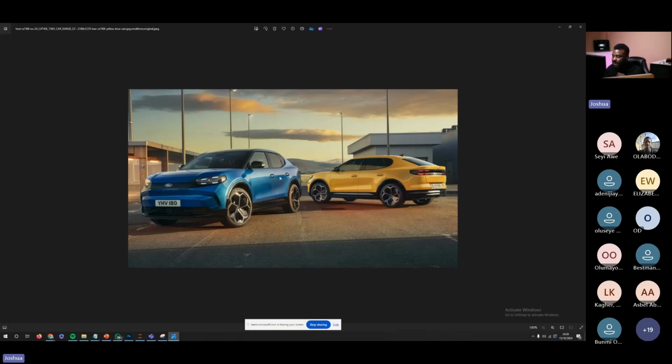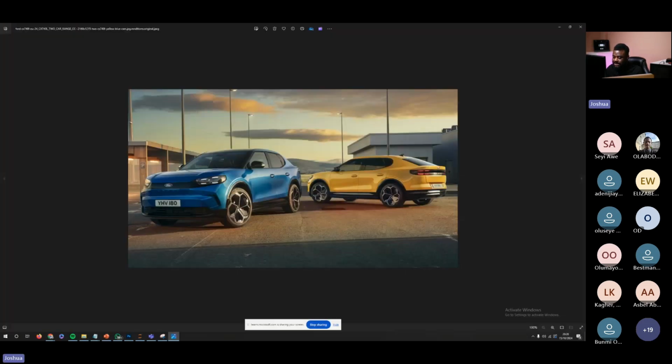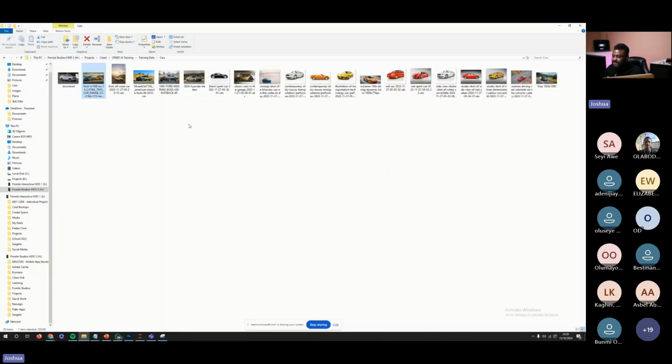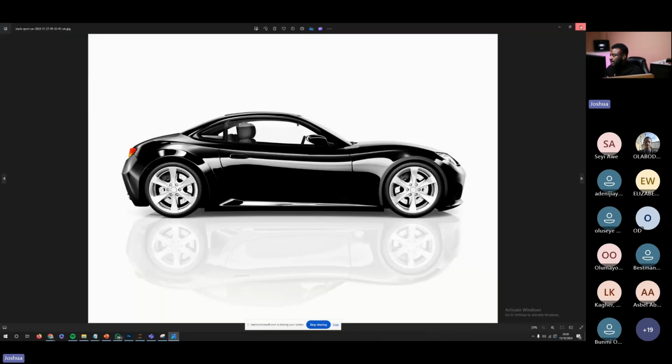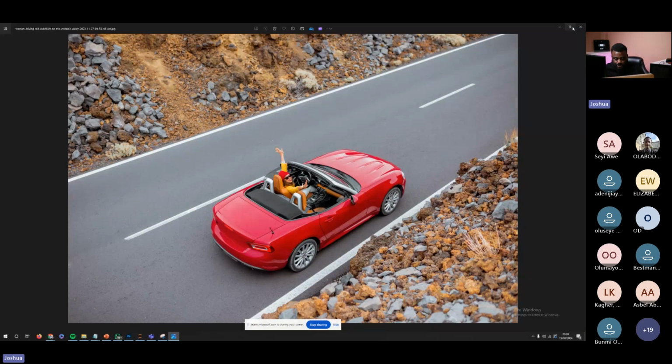Whereas by giving it 20 images, I've told it a car can face left. You can have two cars in one photo. I've told it a car can face sideways. I've told it a car can be on the road, if that makes sense. So the more data or images you have, the better.